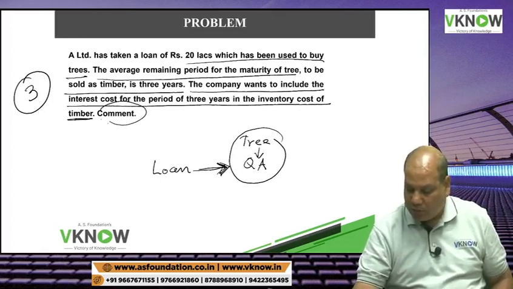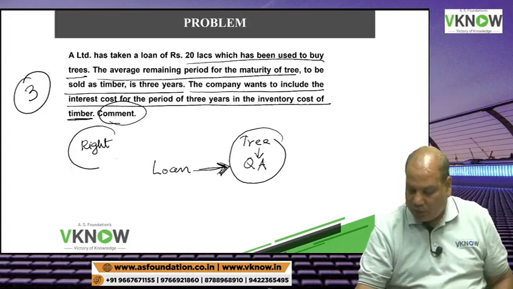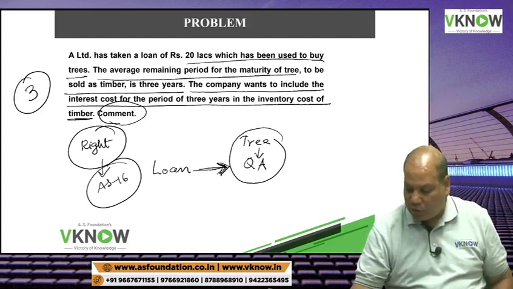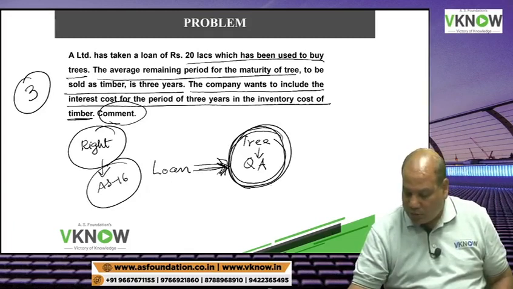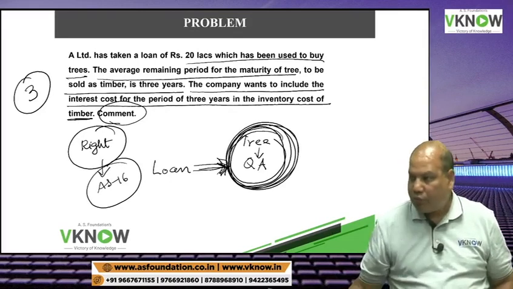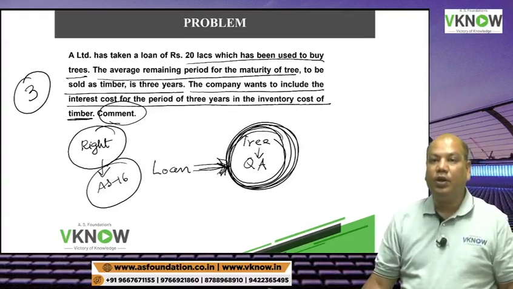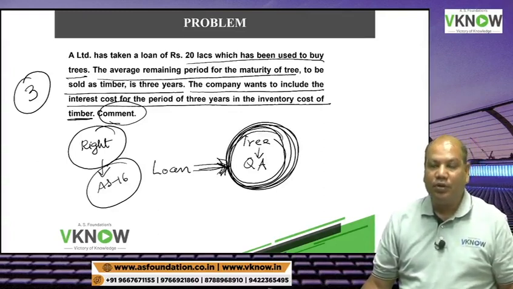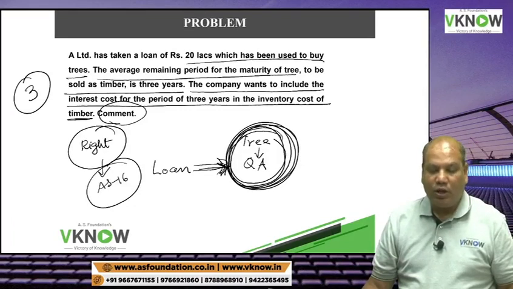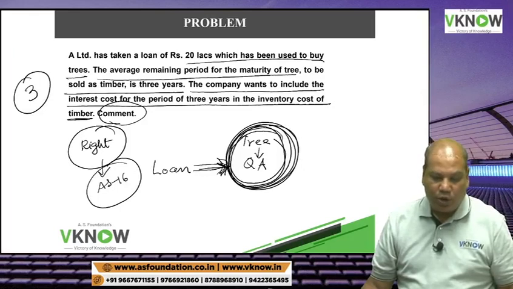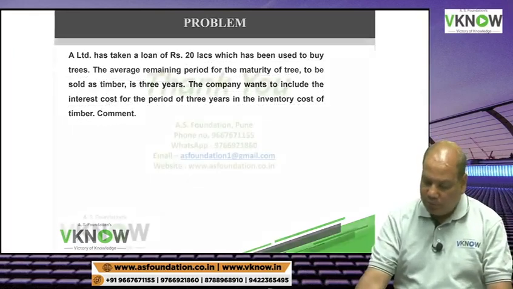The treatment is correct. It is as per AS-16 because the borrowing cost is incurred in relation to acquisition, construction or production of a qualifying asset. So accounting standard 16 allows you to capitalize the borrowing cost.